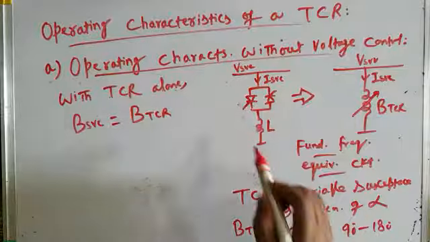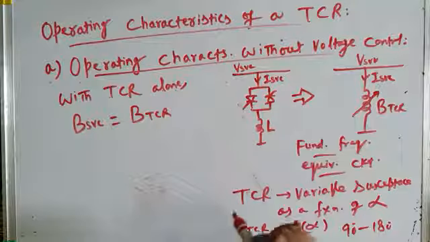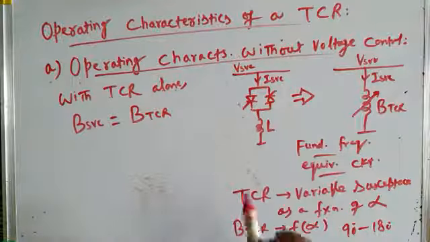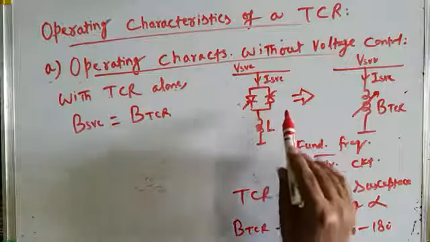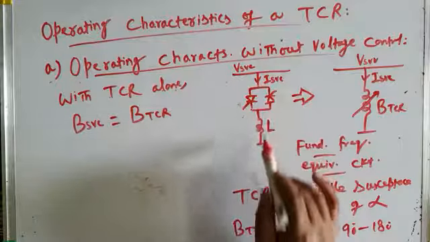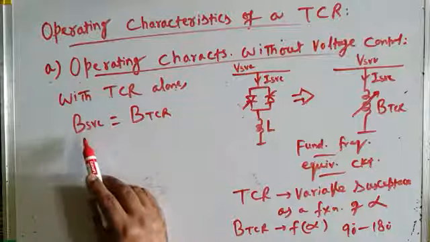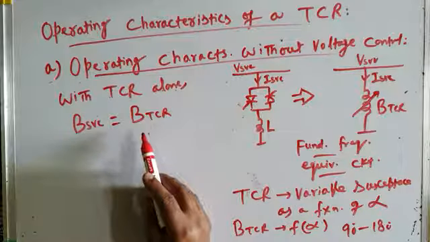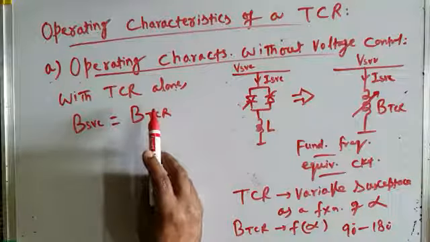Because we are not connecting the capacitor bank, we are assuming that the thyristor switched capacitor or capacitor bank is disabled. So TCR alone is operating. So SVC susceptance is exactly equal to TCR susceptance with TCR acting alone.